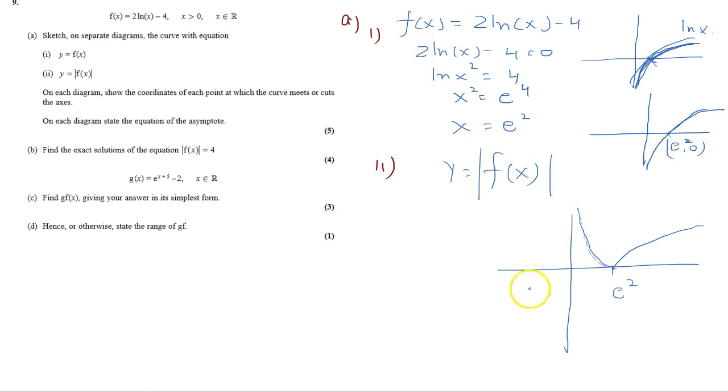This is the graph because there is no negative value here, and the asymptote will be x is equal to 0.